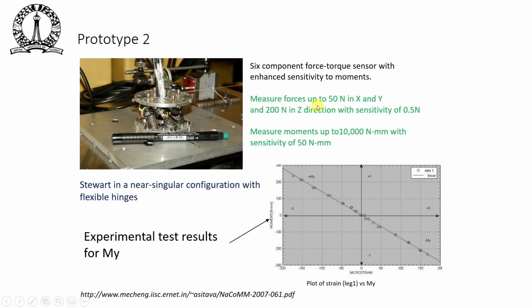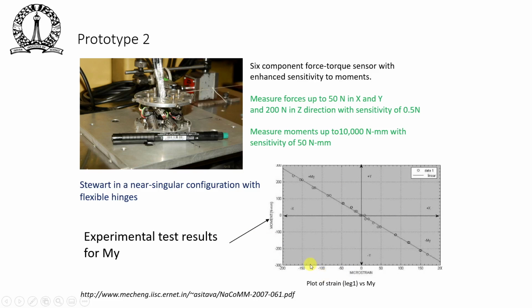Okay, it could measure forces up to 50 newtons in the X, Y, and 200 newtons in the Z direction with a sensitivity of 0.5 newtons. It could measure moments up to 10,000 Newton millimeter with a sensitivity of 50 Newton millimeter. Okay, this is a sample plot or a calibration plot of strain versus moment.